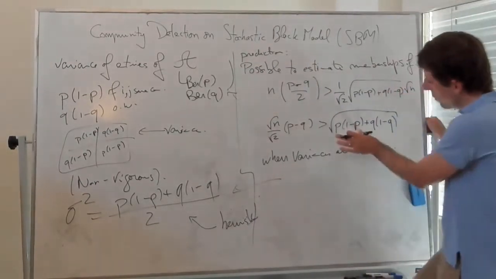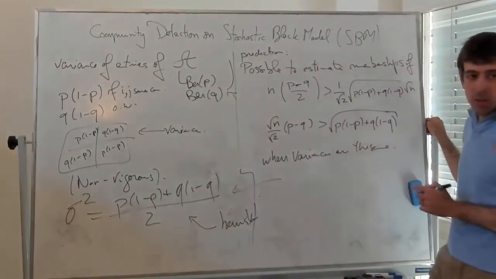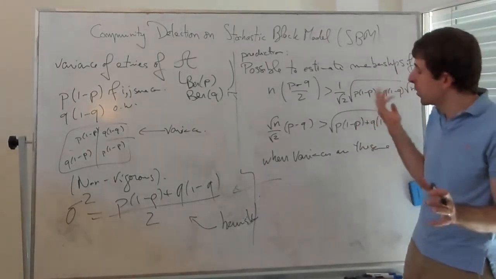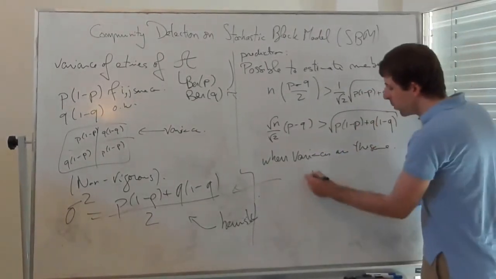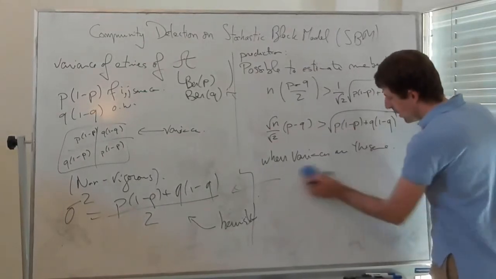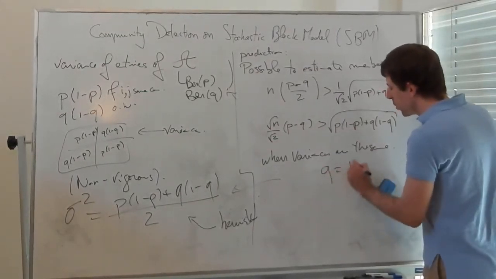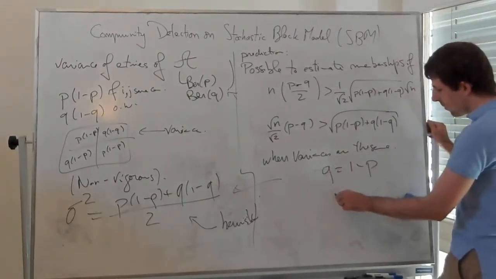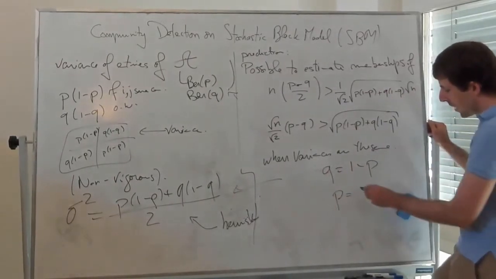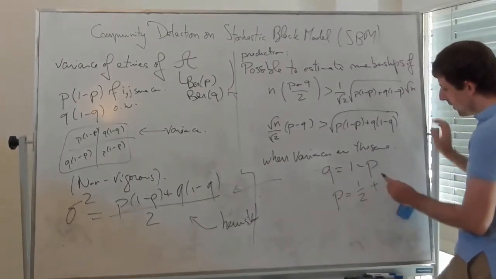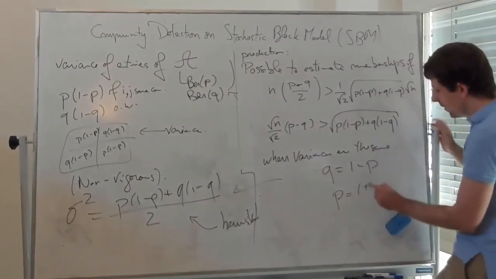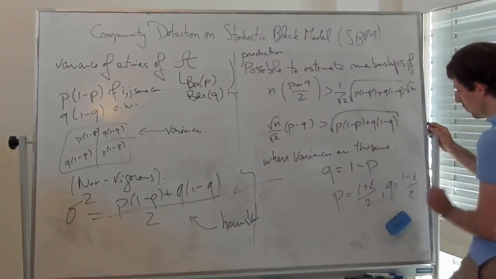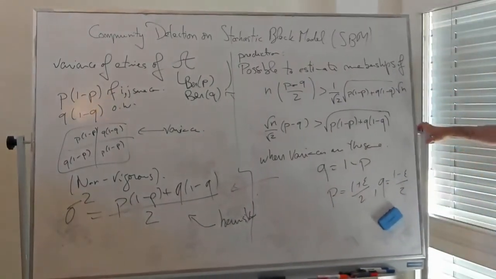So P times 1 minus P is equal to Q times 1 minus Q. Otherwise not interesting, we get 0 here. We can just make Q be equal to 1 minus P. So we expect P to be something like 1 plus epsilon over 2, and Q to be 1 minus epsilon over 2, so that their difference looks just like epsilon.